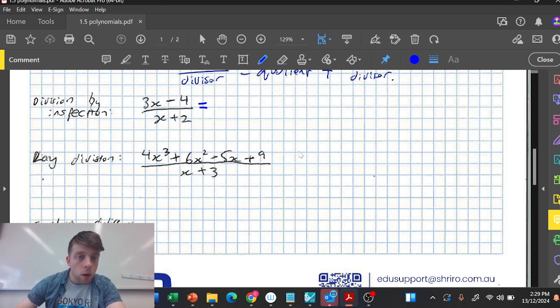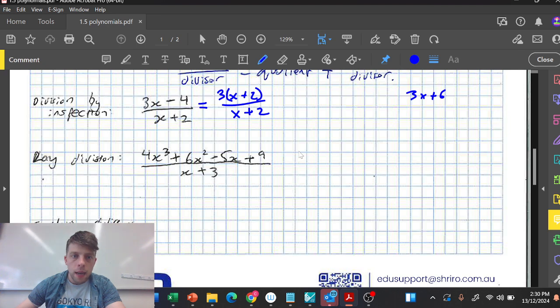So ideally what I want to put up the top is x plus 2 divided by x plus 2, and then we're going to have some remainder. We can see there's a 3x out the front here, so let's say we write this as 3 times x plus 2. This is the same as 3x plus 6, right?